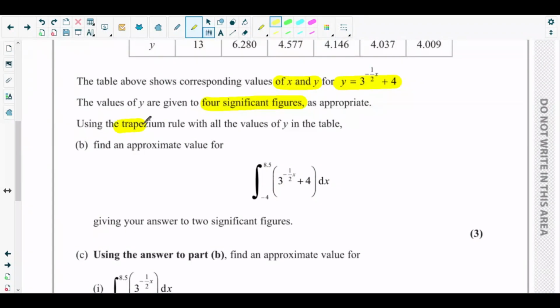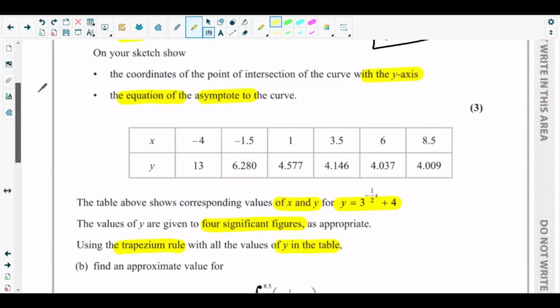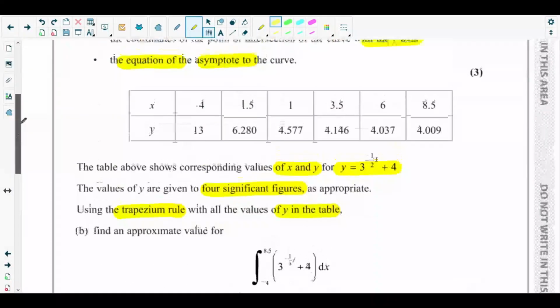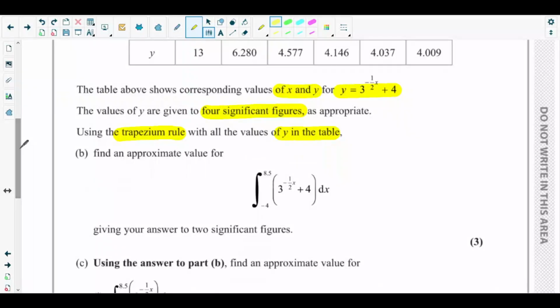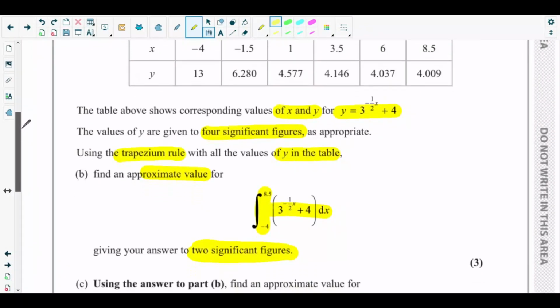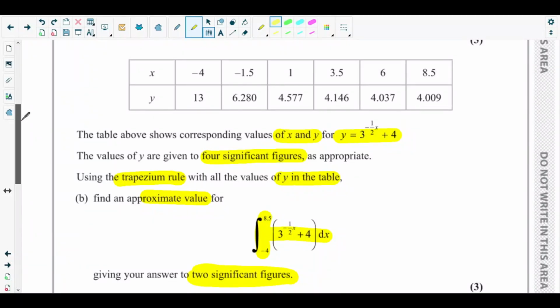Using the Trapezium rule with all the values of y in the table, find an approximate value for the integral of 3 to the power of half x plus 4 from -4 to 8.5 with respect to x, giving your answer to two significant figures.